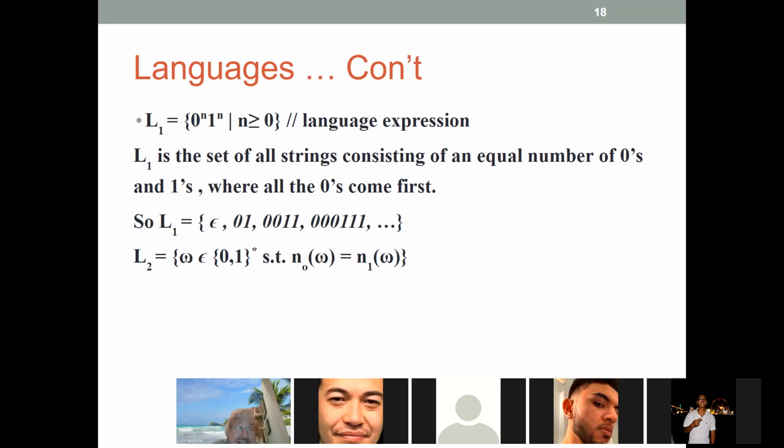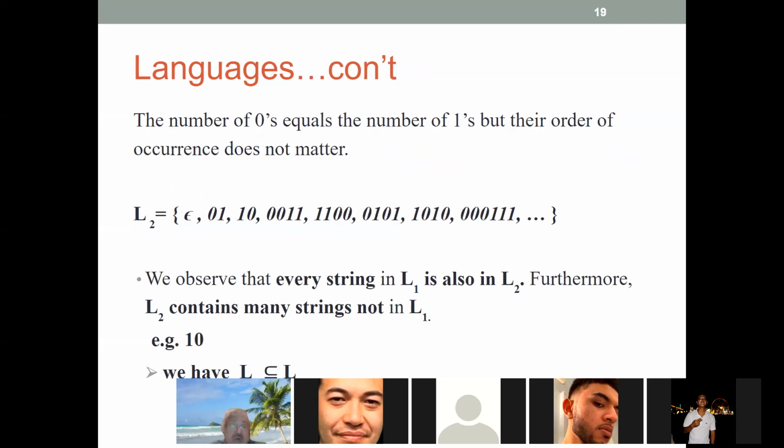All right, I got you. So in L1, the zeros must precede the ones if there are any zeros. In L2, the zeros and ones can be in any order, but you have to promise the number of each is equal. All right, Anvin? Okay, so here it is. The number of zeros equals the number of ones, but their order of occurrence does not matter.